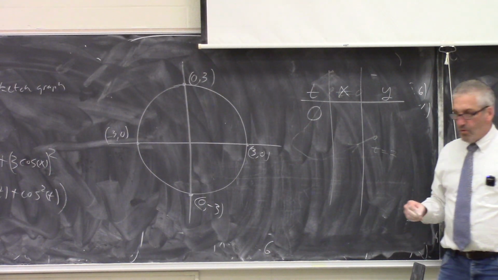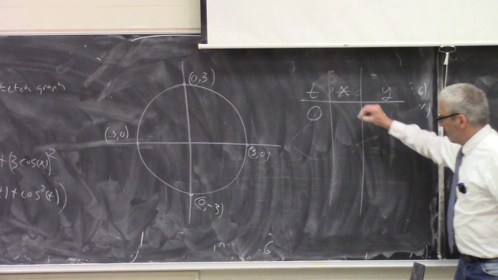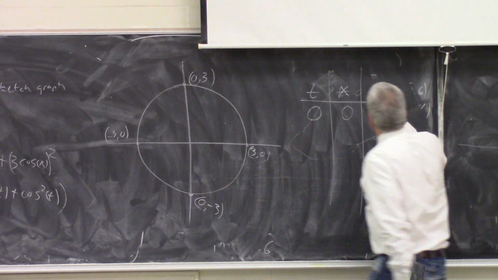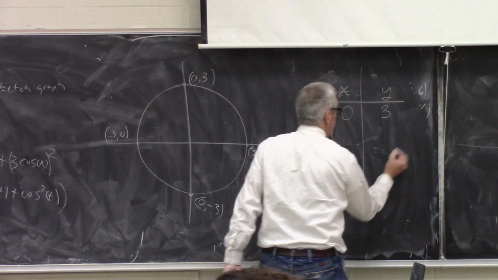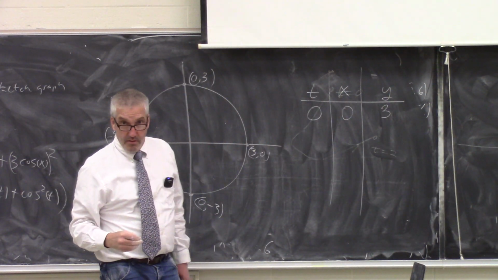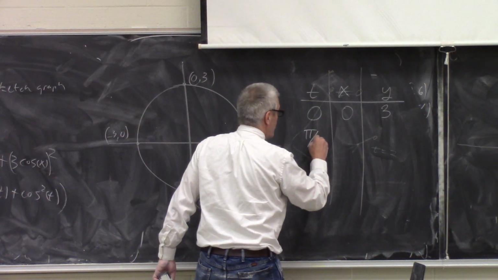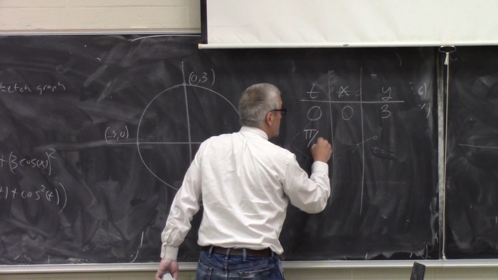Annika, you can give me one coordinate. X is 0. Okay, somebody else, give me a one coordinate. Y is 3. Y is 3, okay. What's the next convenient time to look at? Pi over 2. Good. So Liam, tell me one of the coordinates when time is pi over 2.